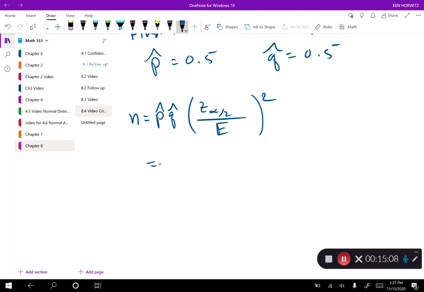All right, so in this case, we're using 0.5 for p hat and q hat. And our z is 1.65. And our error, we want to be within 5%. So there's our error squared. So why don't you pause the video now, do the calculation, and we'll see where it takes us.